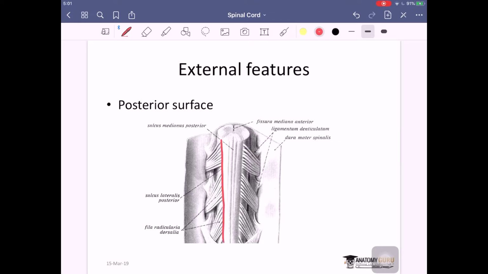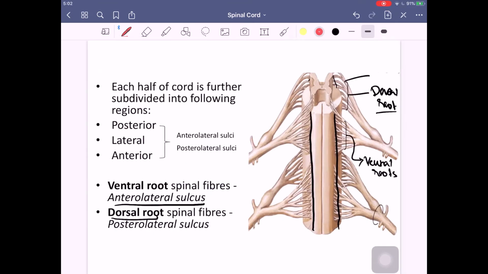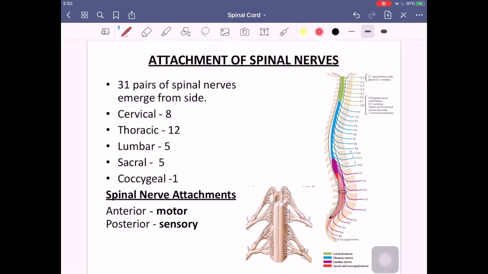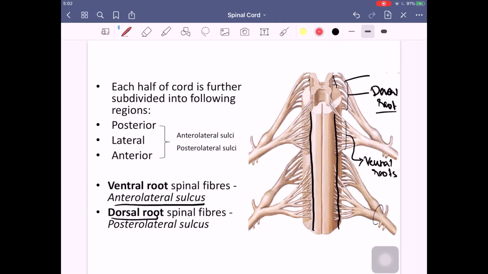This one is your posterolateral sulcus which is running on either side, and from this sulcus your posterior or dorsal root fibers are going in. So these are the roots which are attached to the sulci. Sulci are helping us to figure out the attachment of roots.